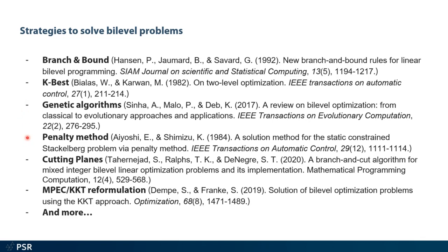The penalty method is based on ideas from interior point methods to penalize and, with that, obtain good solutions, usually local solutions, for bilevel optimization programs. The cutting plane method is very promising because it is able to solve programs with integer variables in the lower level, which are much harder for many of the other techniques.